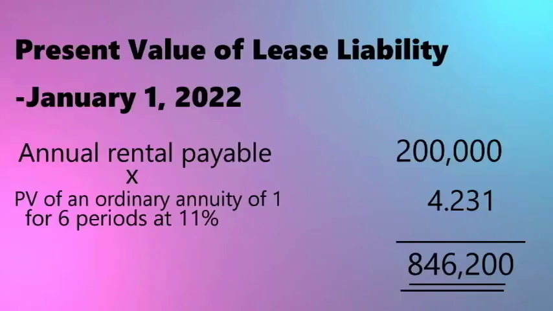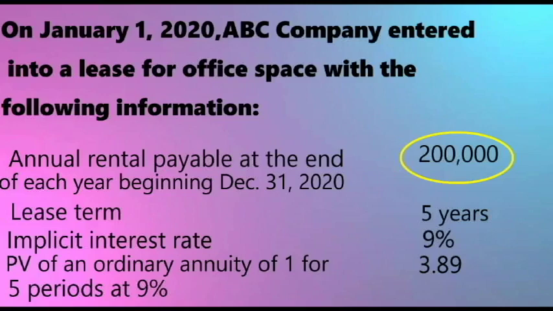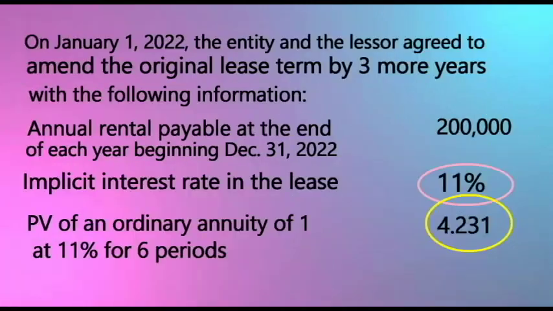So now we are going to compute for the present value of lease payments on January 1, 2022 as a result of the extension. So hindi naman nabago ang annual rental payable at the end of each year. 200,000 pa rin. Ang nabago lang is yung implicit rate in the lease, which is naging 11%.